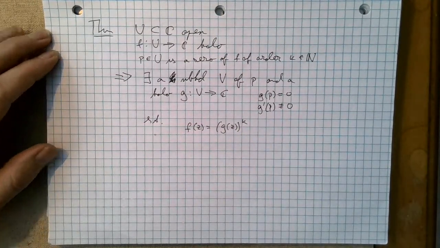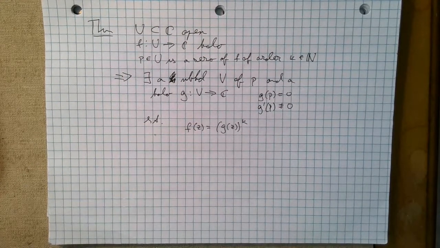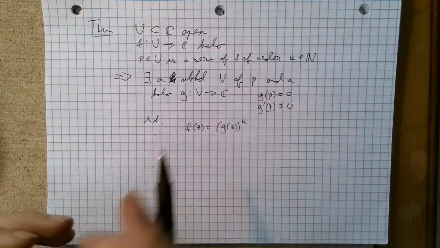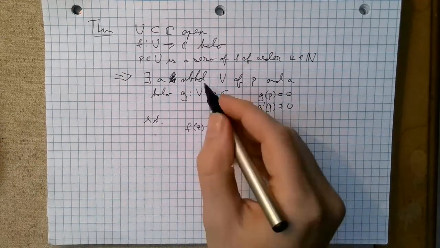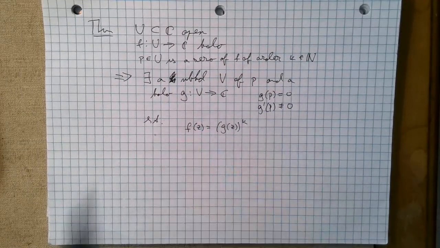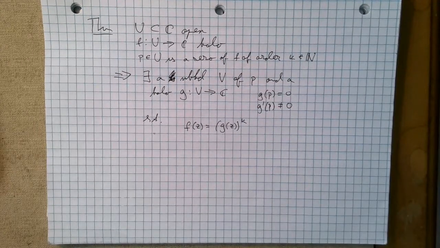All right. So in a little bit more fancy language, what this means is that g is really going to be a biholomorphic change of variables in some small neighborhood of 0, maybe smaller than V, such that f really becomes z to the k, right?